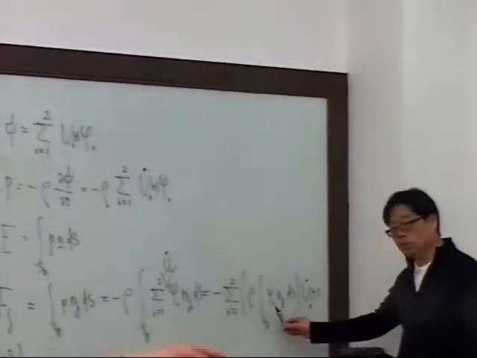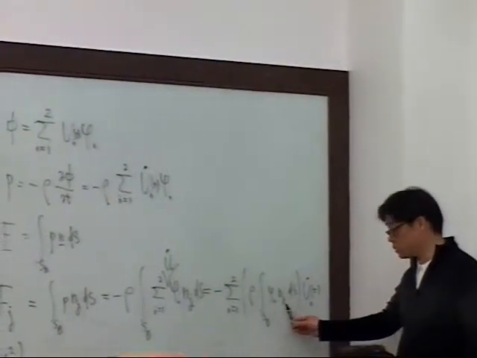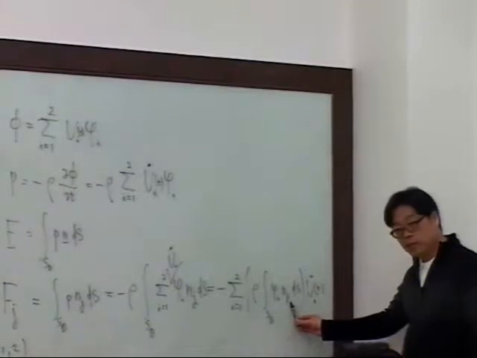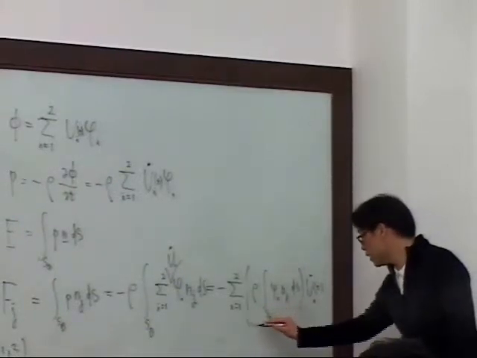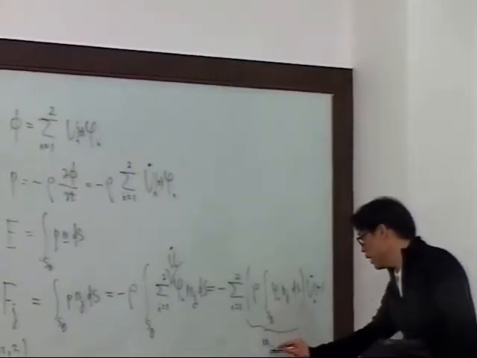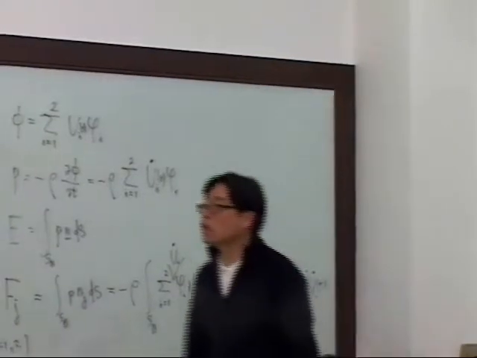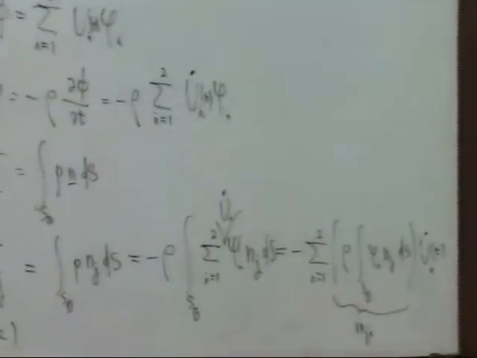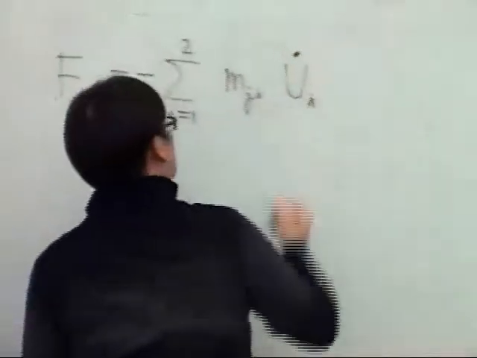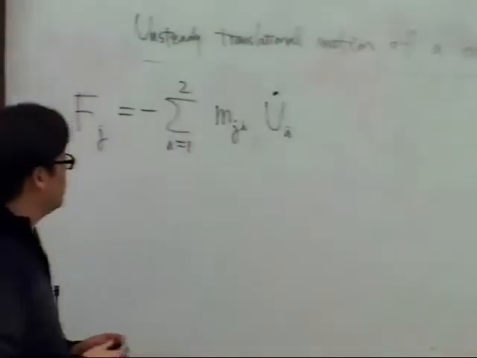As you can see, this subscript and this subscript are different. So I call this Mji, and then ui dot.